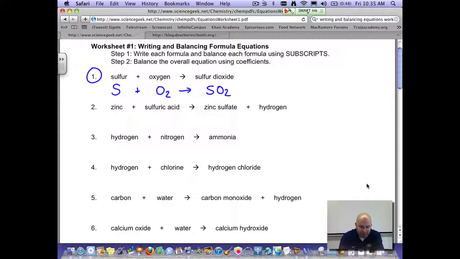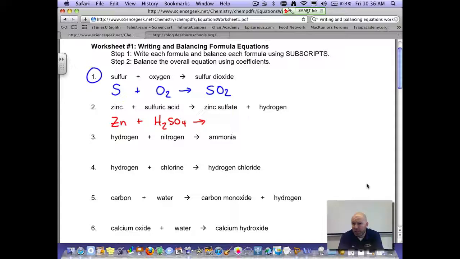Let's take a look at this next one. Zinc is something that can be alone, and it reacts with sulfuric acid. Sulfuric acid is H2SO4. Again, you would need to know how to write acids. To produce zinc sulfate, well, I'm not really happy with this one, in that zinc can change.